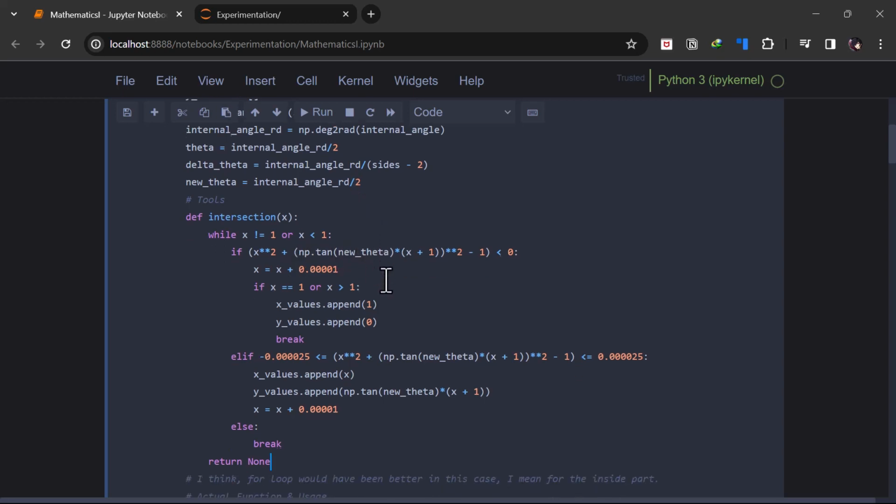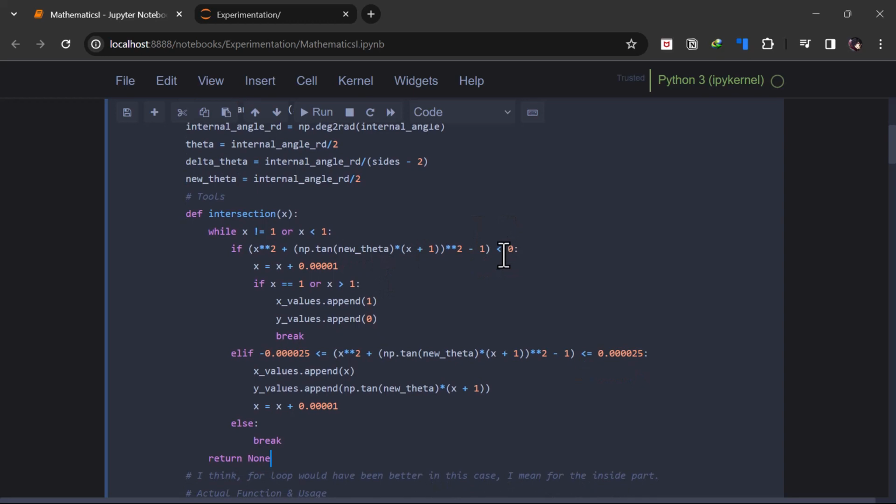So if the value of this equation comes out to be less than 0, then obviously we are inside the circle. So we'll make the incrementation. This is the incrementation process: x is equal to x plus some value, 0.0001, whatever it is.